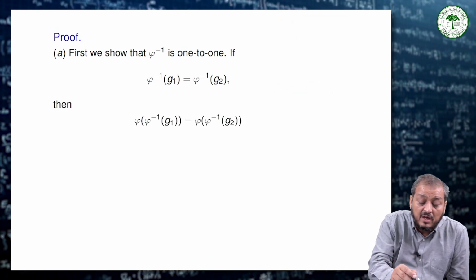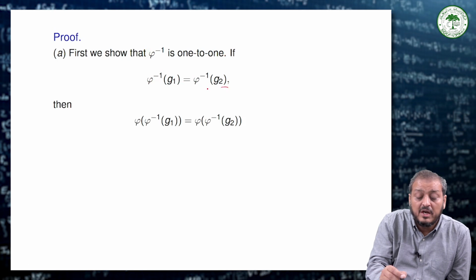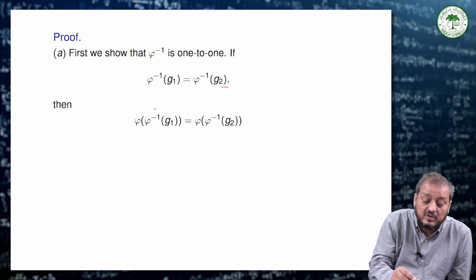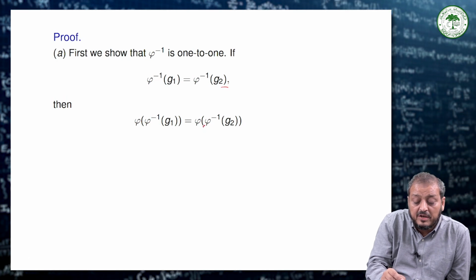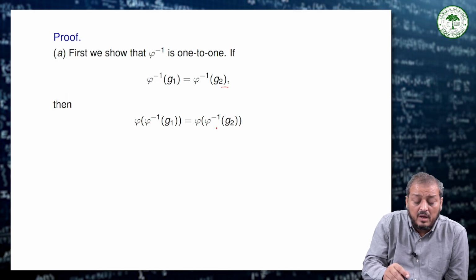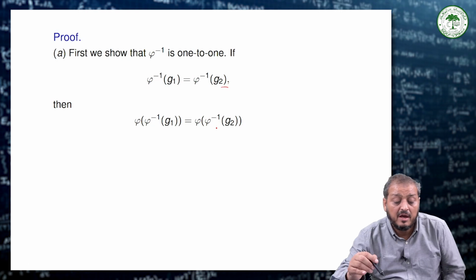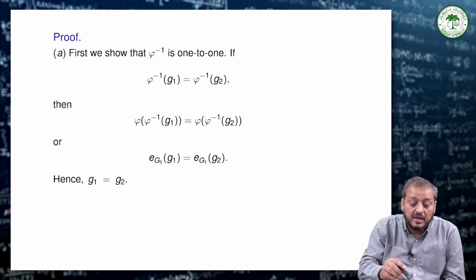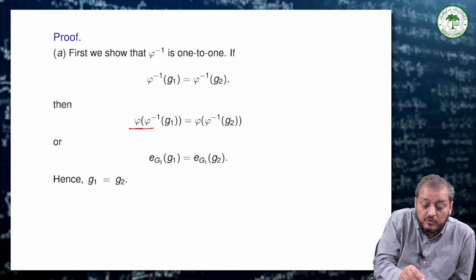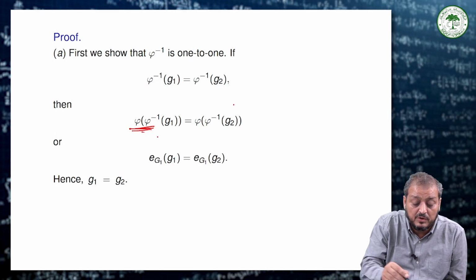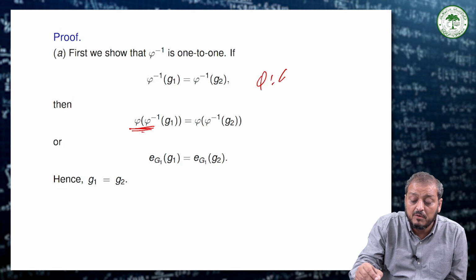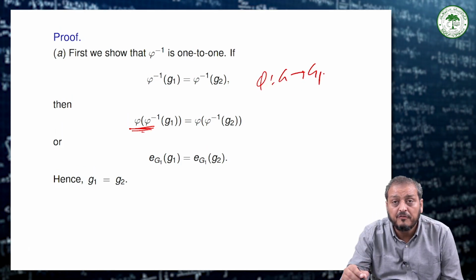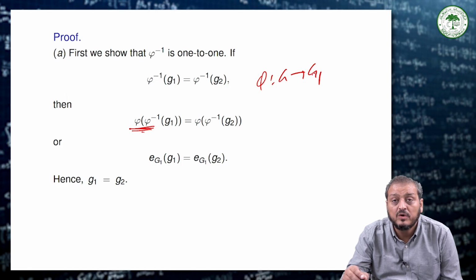So we start by operating phi on both sides. Then phi of phi inverse of g1 and phi of phi inverse of g2, and since phi is a homomorphism, we can write this accordingly. We have phi from G to G1 is a homomorphism, and also 1-1 and onto.